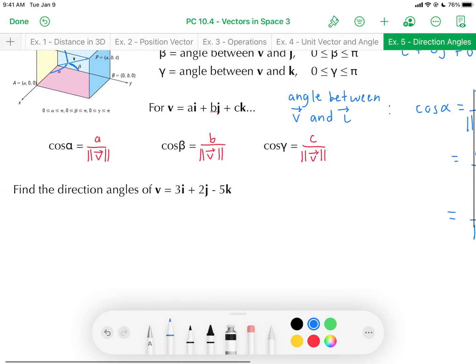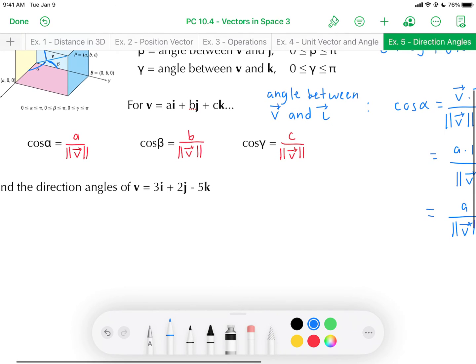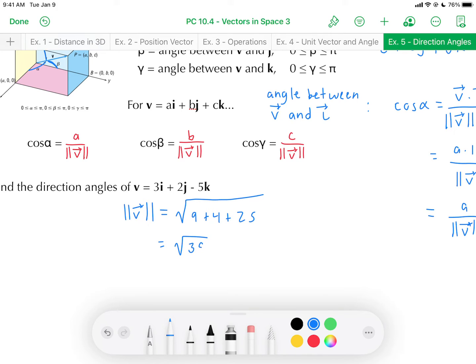Okay, so let's find the direction angles for this vector v equaling 3i plus 2j minus 5k. So we need the magnitude of the vector first and foremost. It's going to be the square root of 9 plus 4 plus 25. So that's the square root of 38.